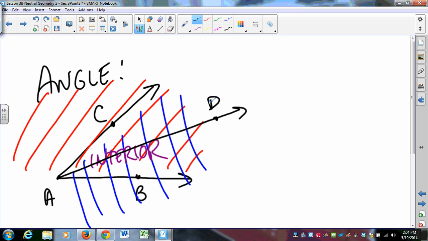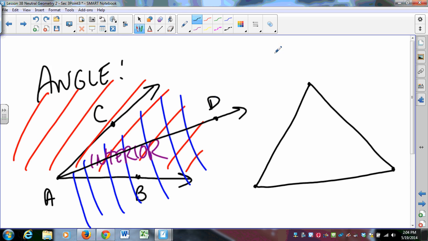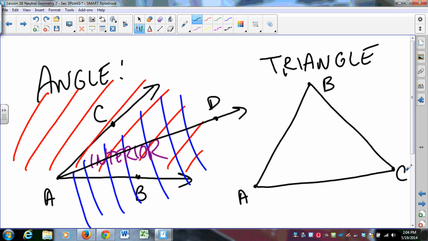We should also probably talk about this thing. Venema gives a very interesting definition for triangle. Very interesting because triangle means that it has three angles, but he defines a triangle to consist of the union of three segments: segment AB, union segment BC, union segment AC.